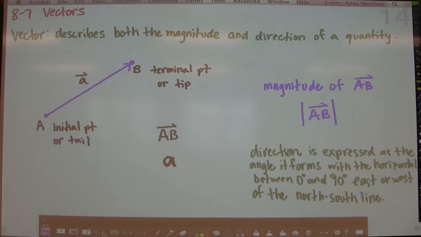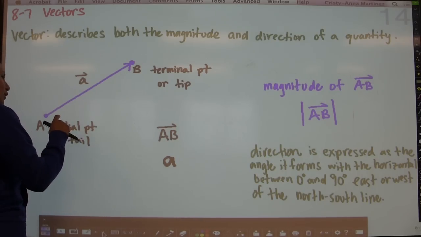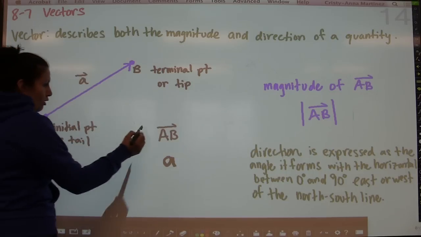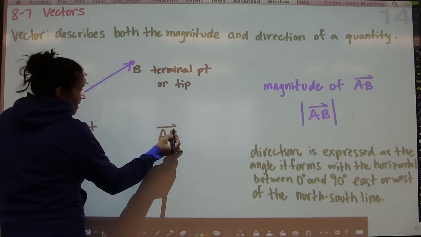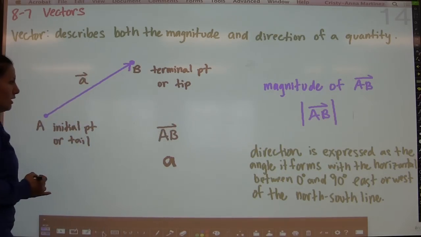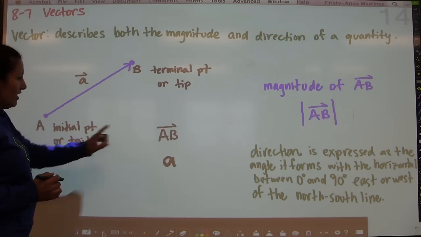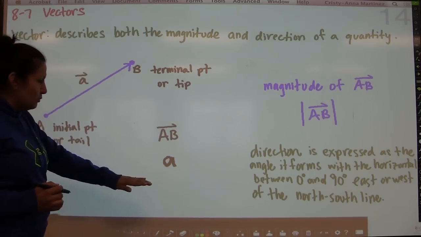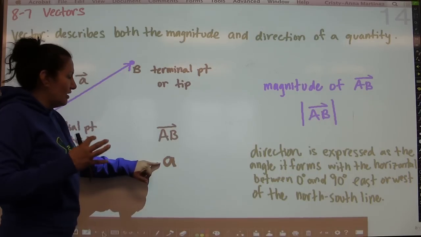A vector can be annotated as kind of like a ray almost. A ray is an arrow that has two little tails here. A vector just has the first part of the arrow that goes up. You can also use a lowercase letter to call this vector a, or it's vector AB, or in the textbook when you're typing you'll sometimes see a bold lowercase letter.